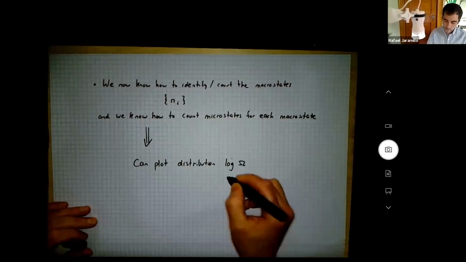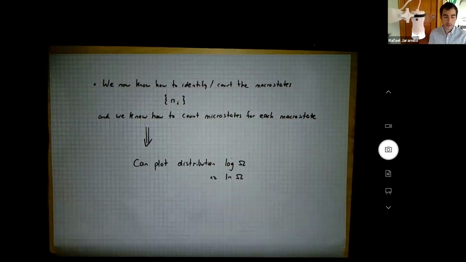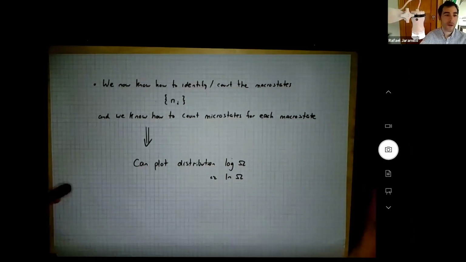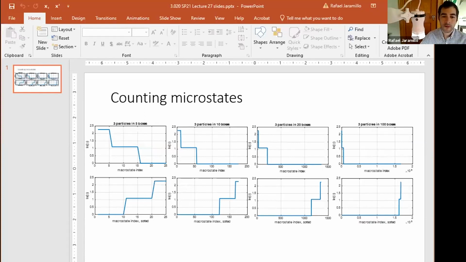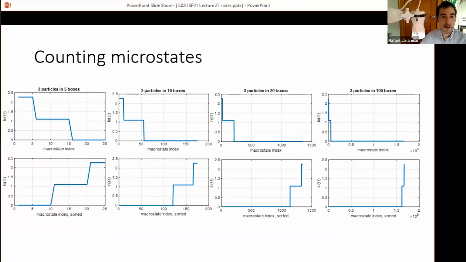or log sigma or omega. So let me show a very, very simple case, extremely simple. I wrote a little script that does this, and I ran the script for a couple of cases.